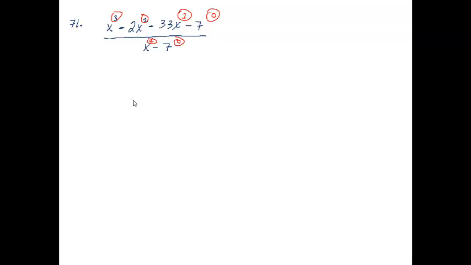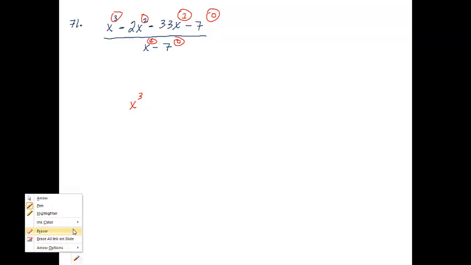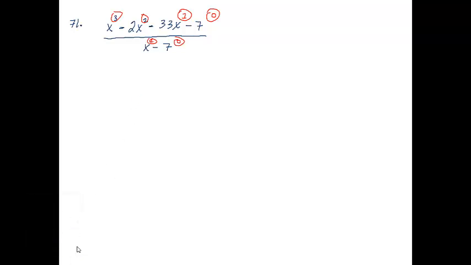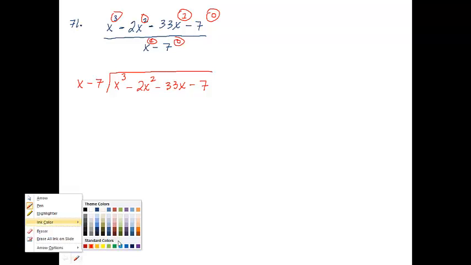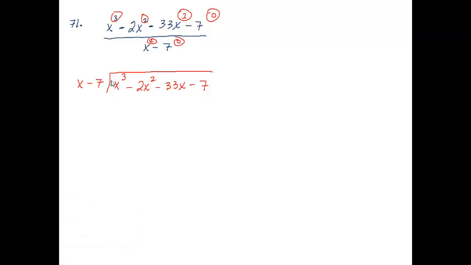Now let's place the dividend on the inside of the divide sign. So x to the third power minus 2x squared minus 33x minus 7 divided by x minus 7. Okay, and then we begin. So next thing we need to do is take the first terms and divide them into each other.